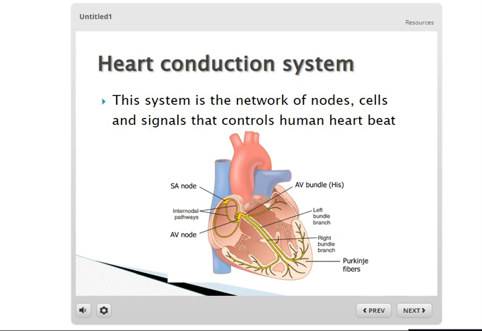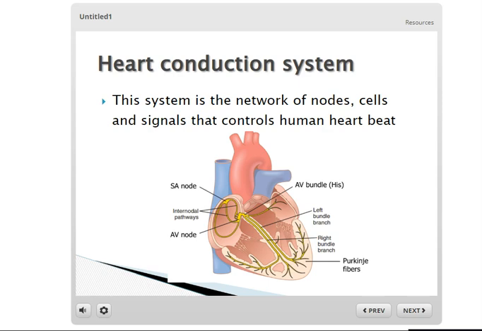The key components of this system are the sinoatrial node, or SA node, located in the right atrium, which acts as the natural pacemaker of the heart, initiating electrical impulses.